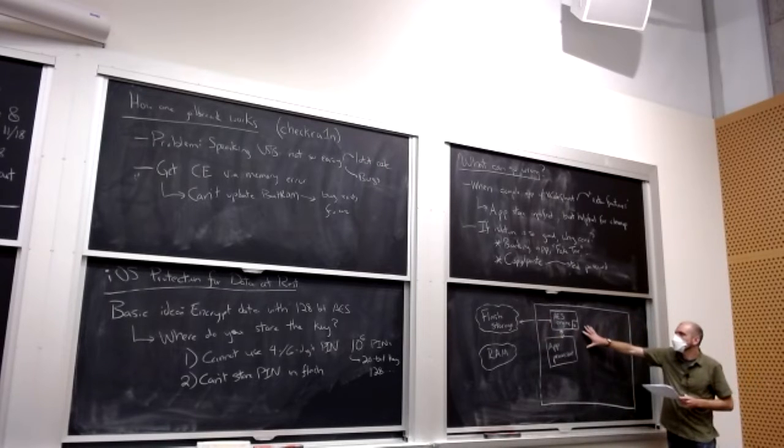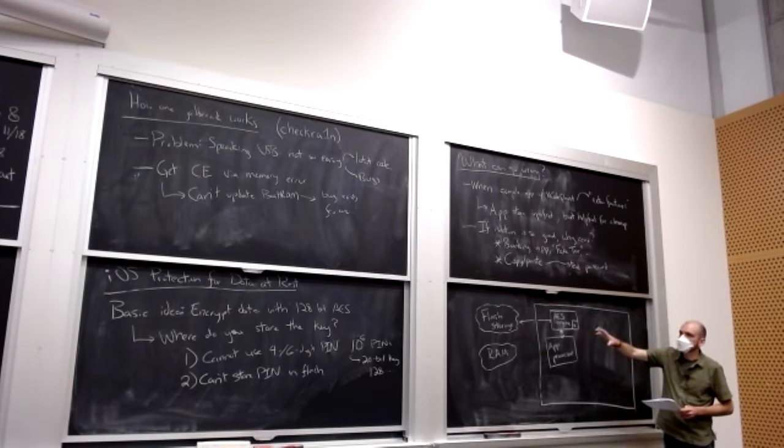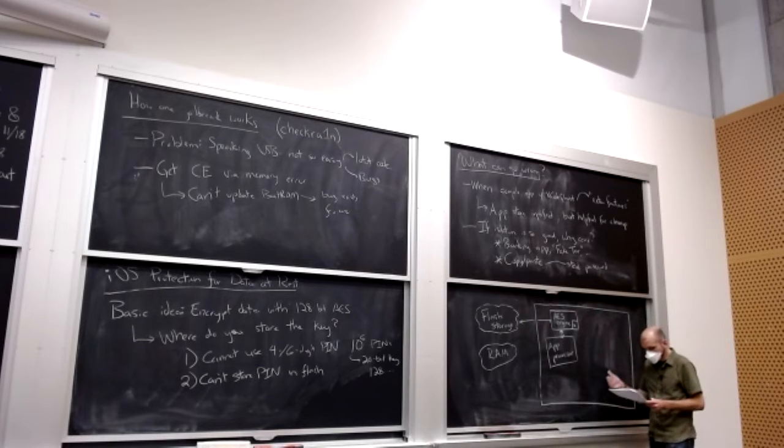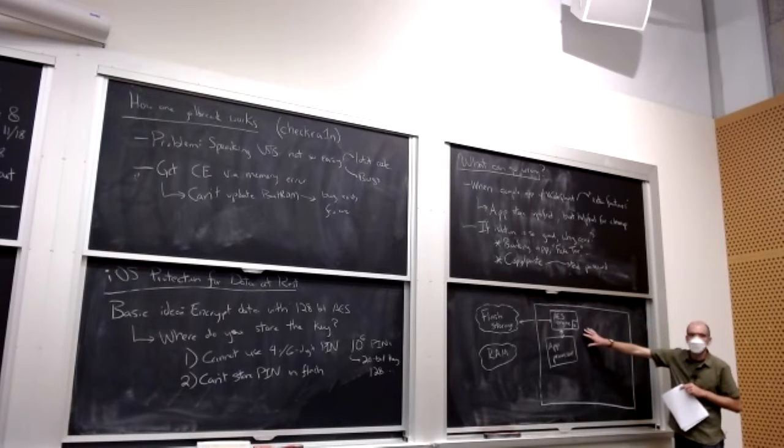One interesting feature already is that the hardware doing AES and the key are separate from the application processor. So even if you escape the sandbox that the app is running in, it doesn't immediately give you access to the AES key. That's the first thing. But then we still have to talk about where this key K is stored and how it relates to the PIN that you use to unlock your phone.